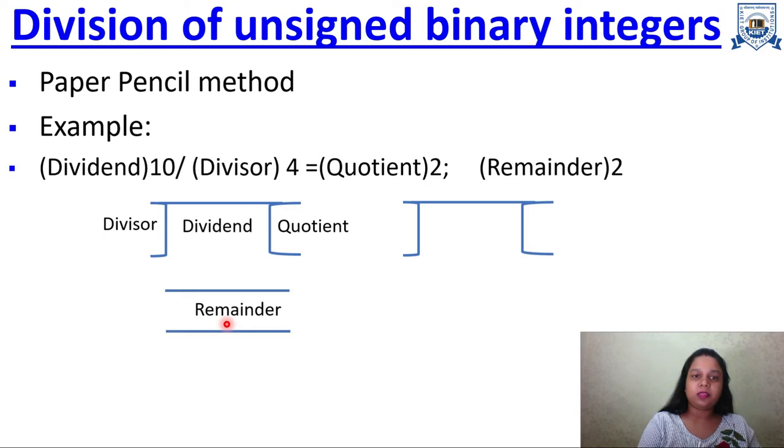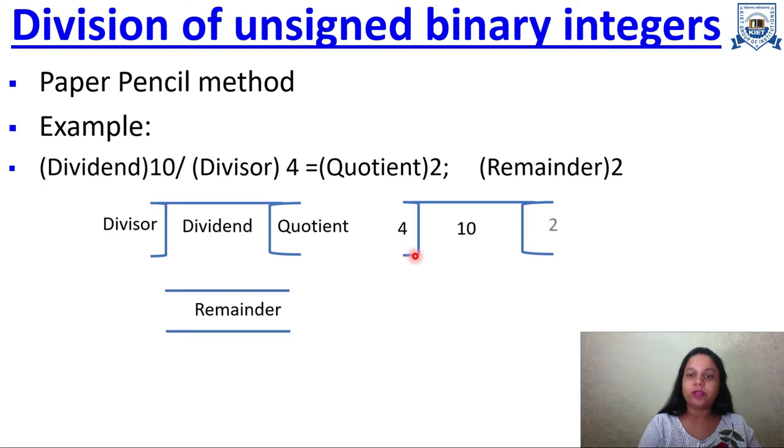Let's see this example, 10 divided by 4. So 10 is the dividend, it will be written over here. Then we need to write the divisor here. Then we need to check what value lesser than 10 comes in the table of 4. If you know the table of 4, you'll know that 4 into 2 is 8, which is the nearest value lesser than 10.